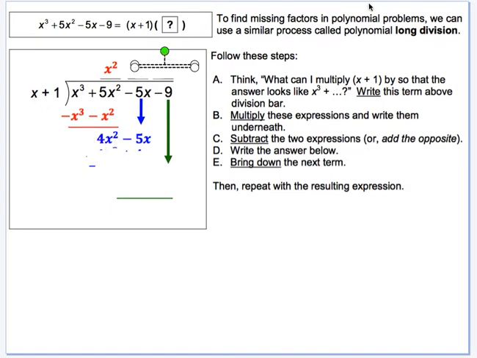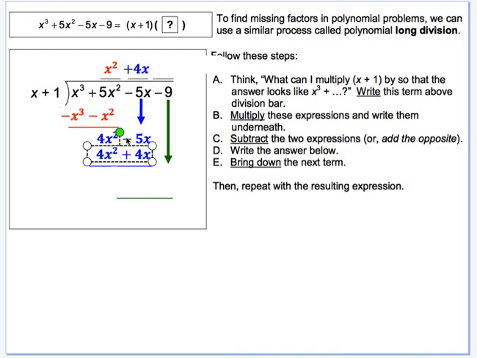Well, if you multiply it by 4x, 4x times x is going to give you 4x squared, okay? So 4x times x gives you 4x squared, 4x times 1 gives you 4x, okay?